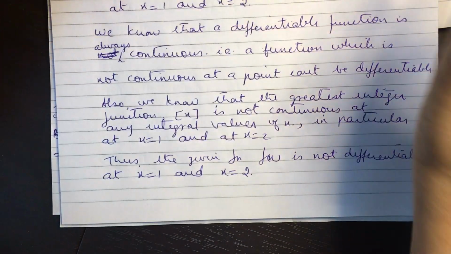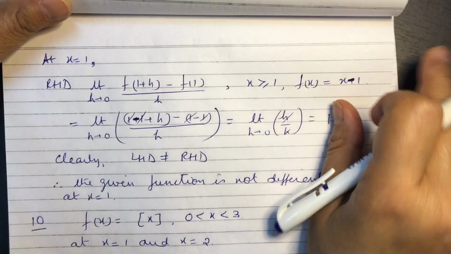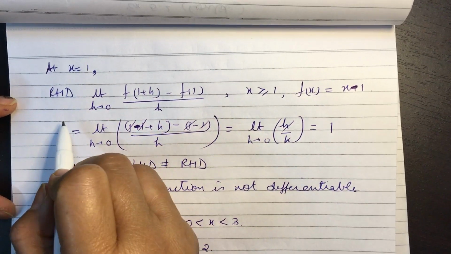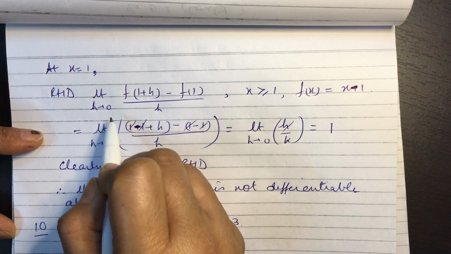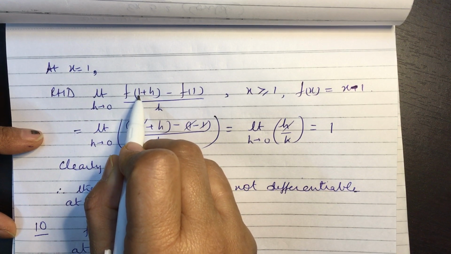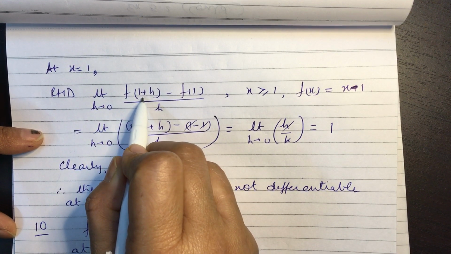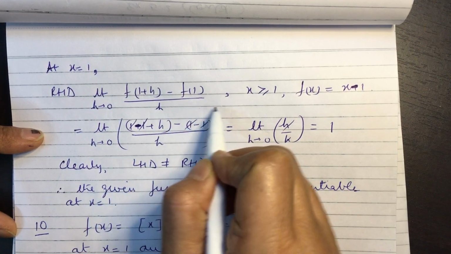Now we will check at x equal to 1. At x equal to 1, the right hand derivative would be limit h tending to 0. In place of x we will write 1. So [f(1 plus h) minus f(1)] upon h.